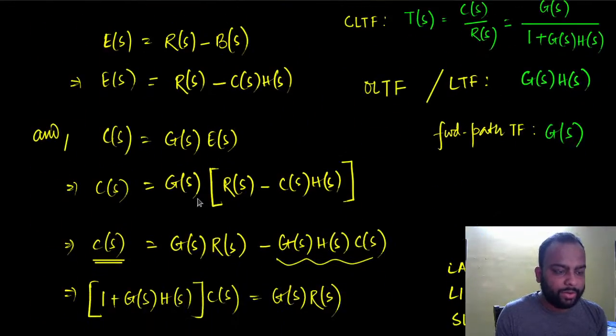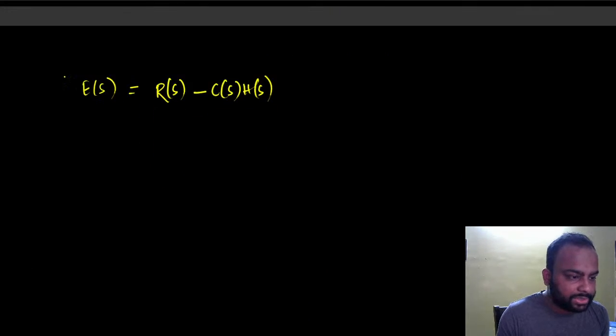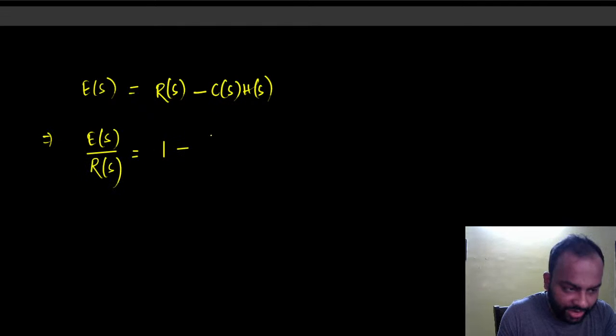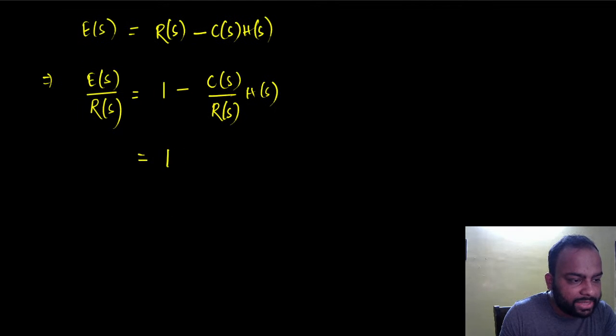In order to do that, let's divide both sides by R(s). I would have 1 minus C(s) by R(s) times H(s).